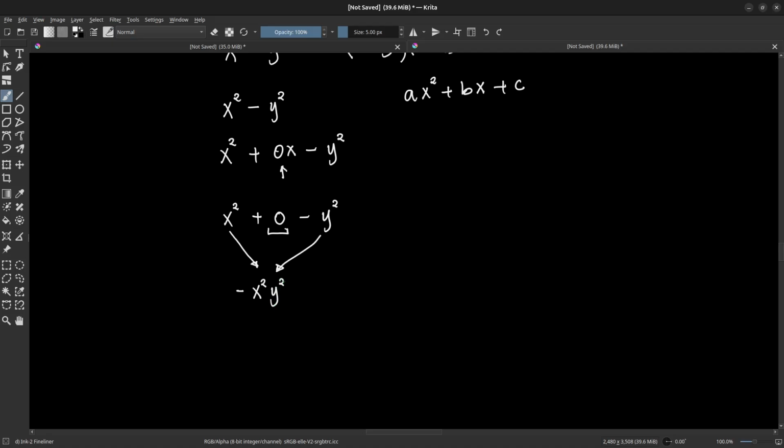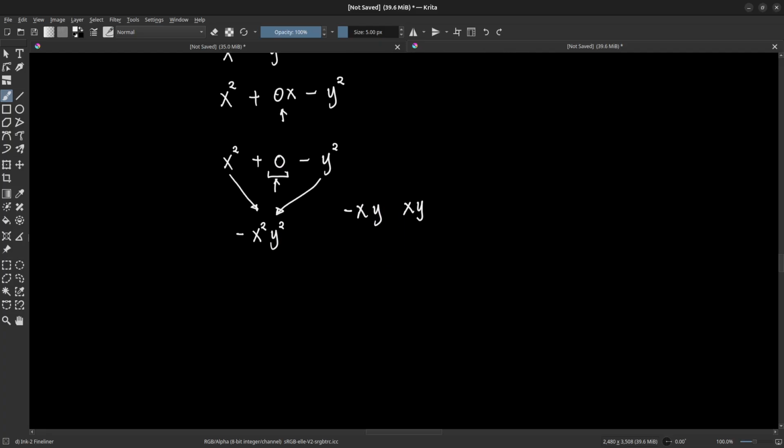So we are looking for two factors which when multiplied give us negative x squared y squared, and when added together give us the middle term, which is 0. In this case the two factors are xy and xy, with the negative on one of the terms, so that negative xy times xy gives us negative x squared y squared, and when we add these terms we get 0.